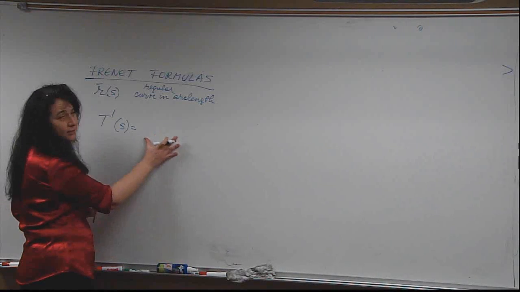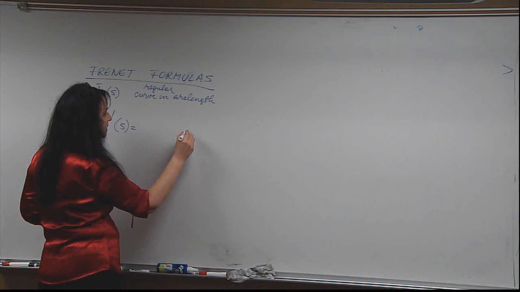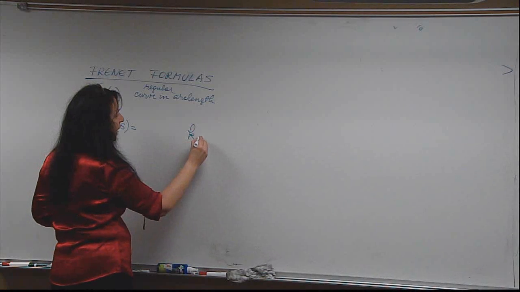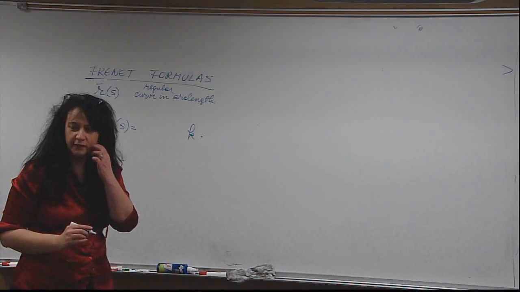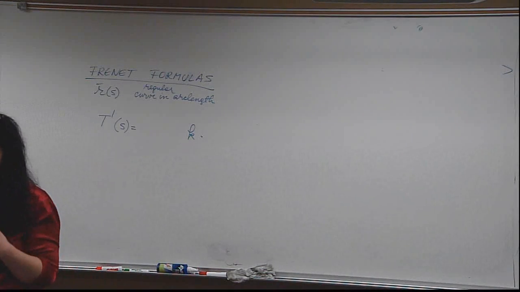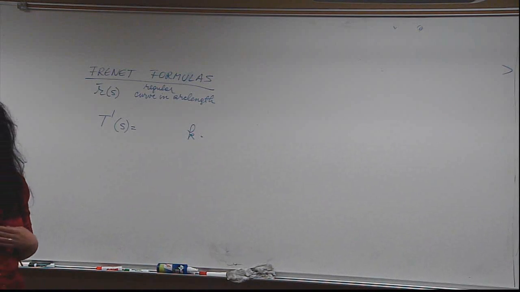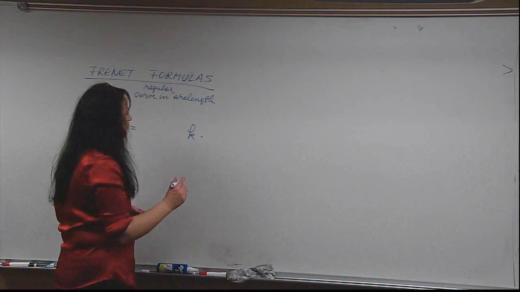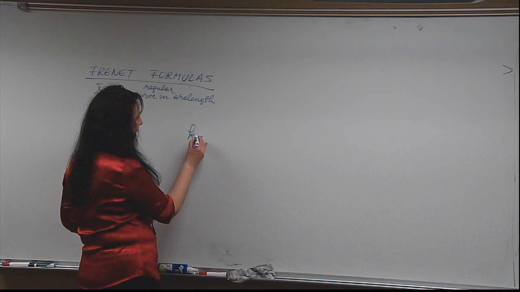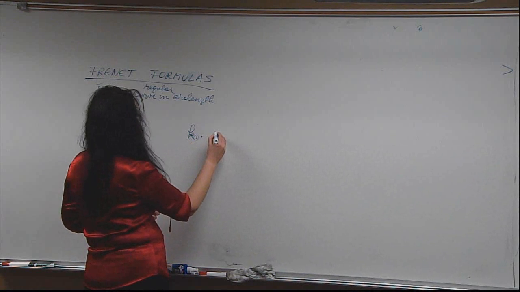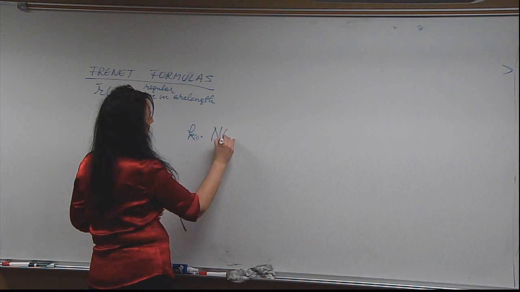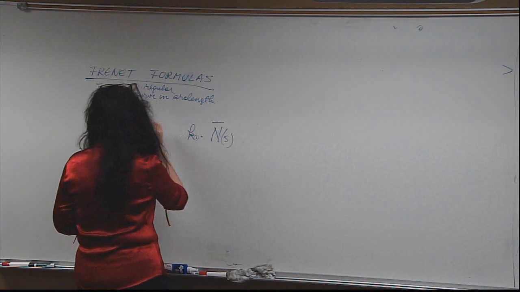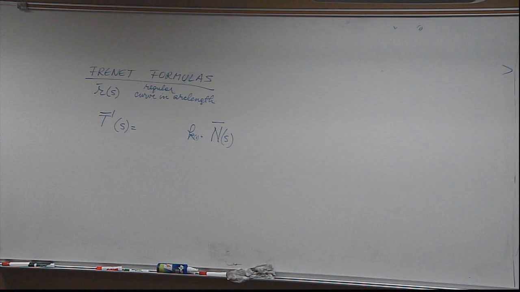You'll say, why? It's a surprise. K times, why don't I say K of s? Because I want to point out that K is an invariant, even if you had another parameter. But yes, as a function of s it would be K of s. Times N bar, or bars because they are free vectors.